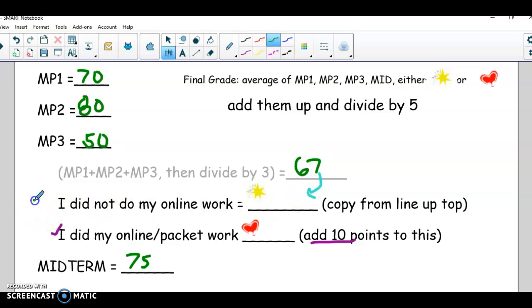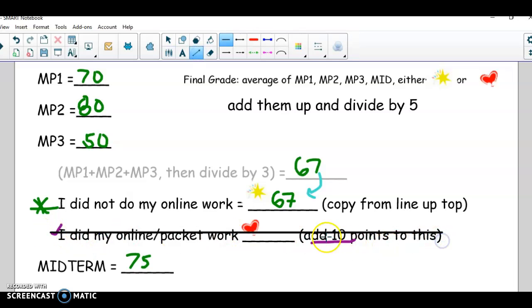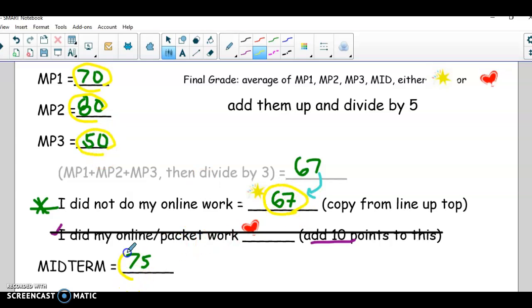Let's say I said I'm not doing any online work, I can't get to it, I'm struggling, I have a lot of stuff I'm dealing with at home, and I have a 67%. Let's say that's the situation I'm in. I'm not doing this, so I wouldn't even figure out what my online work is. So when I go to figure out my average, I'm going to put together my 70, my 80, my 50, my 67, and my 75.